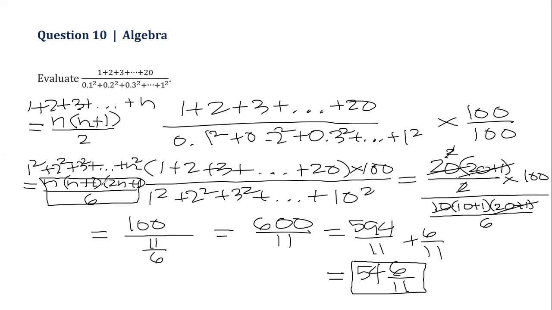So yeah, this is one of the things that you do need to keep in mind if you want to know how to solve the sum of the first n squares.